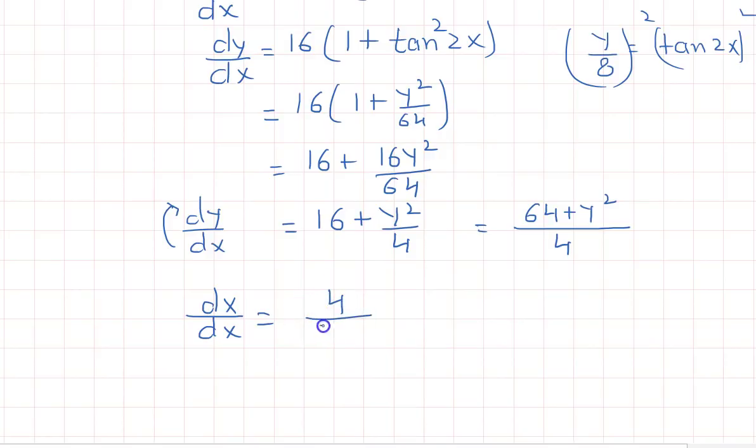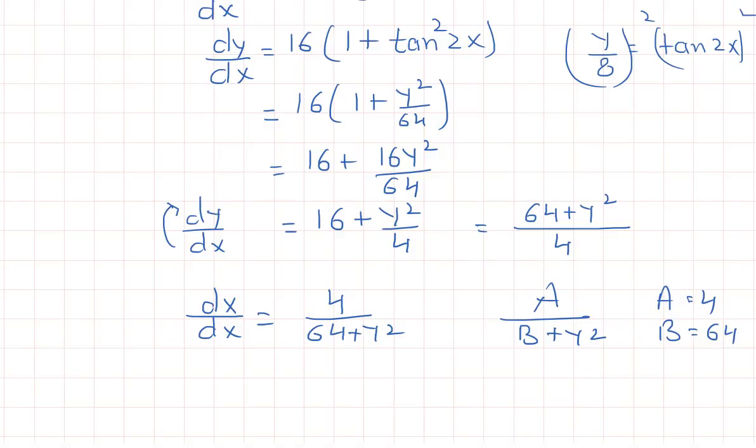So dx over dy is 4 over 64 plus y square. And what we are supposed to prove is that it is a over b plus y square. So a is equal to 4 and b is equal to 64. So that is the answer.